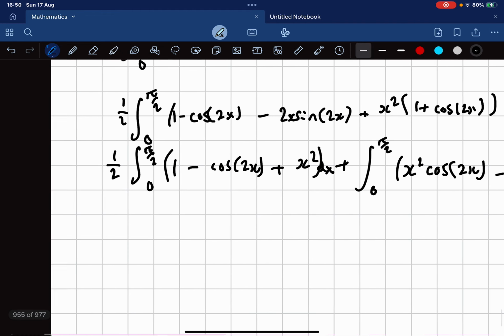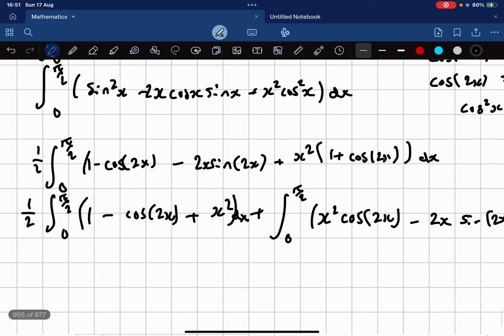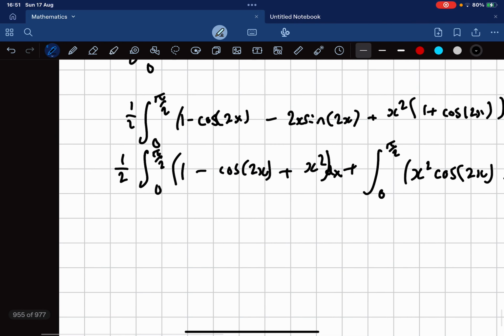However, first let's do the standard stuff. What's important on this question is, while we have a lot of standard processes, this can get slightly complicated algebraically, so we need to organize everything nicely. So first things first, we're going to take out this half. 1 integrates to x.